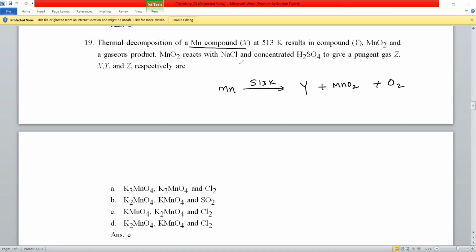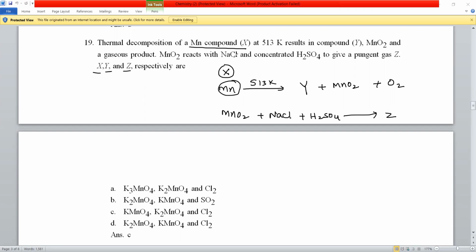MnO2 on reaction with NaCl and concentrated H2SO4 gives a pungent smelling gas, Z. So they're asking what X, Y, Z are. X is nothing but the manganese compound.